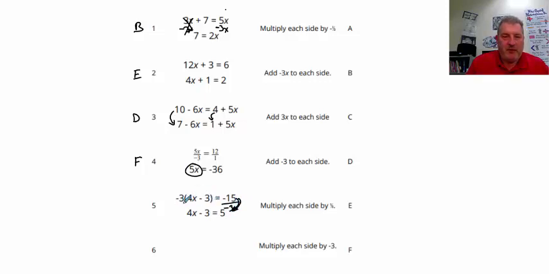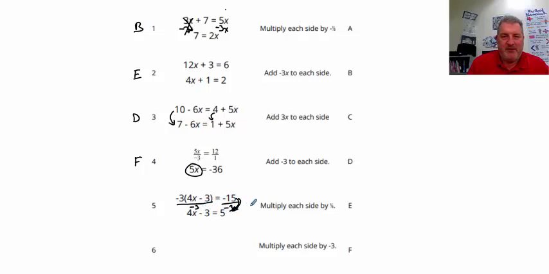So let's see if we do the same thing over here. If we divide by a negative 3, and we can see negative 3 is on the outside of these parentheses. So that means we have negative 3 groups of this. So if we take those 3 groups and divide them by 3, that would leave us with just this one group, which we have. So yeah, we're dividing by negative 3.